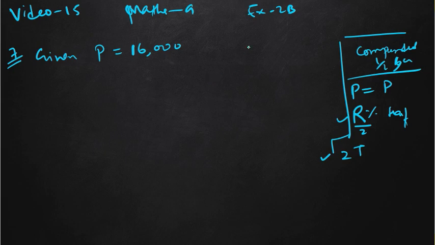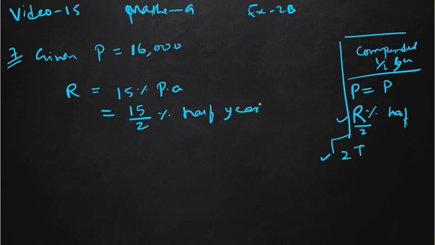Okay, so you can write that principal is 16,000. Then rate, what is rate? Rate is our 15% per annum, which will be same as our 15 by 2% half yearly. For compounded annually we have to take 15%, and for half yearly we have to make it half, that is 15 by 2.